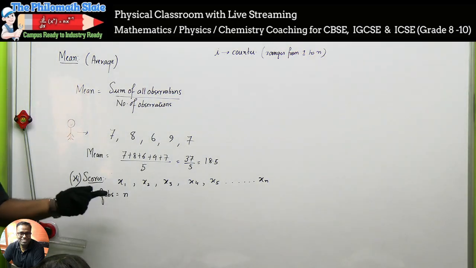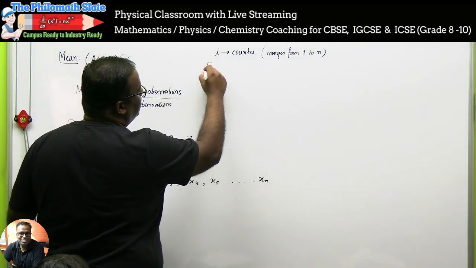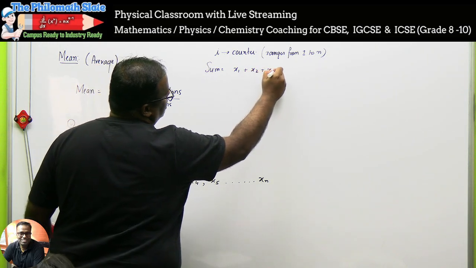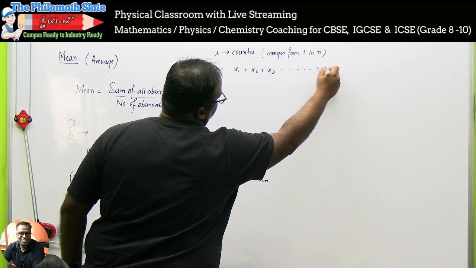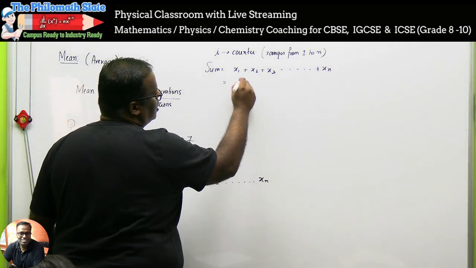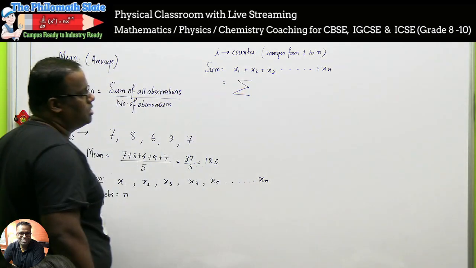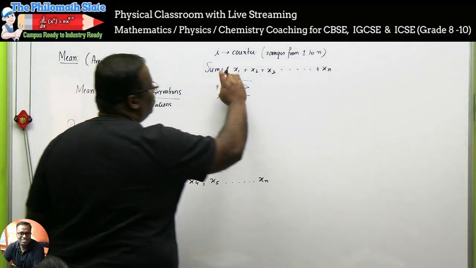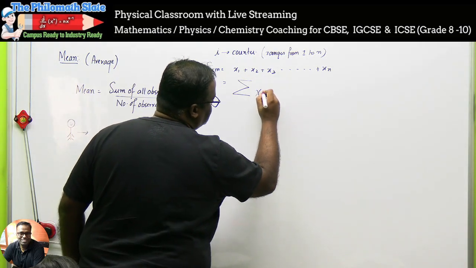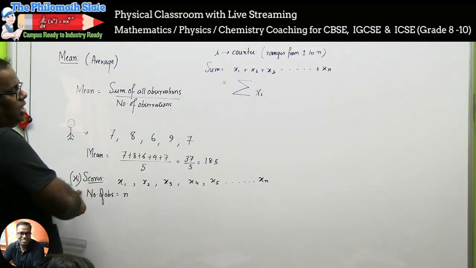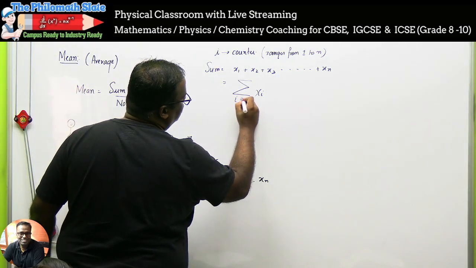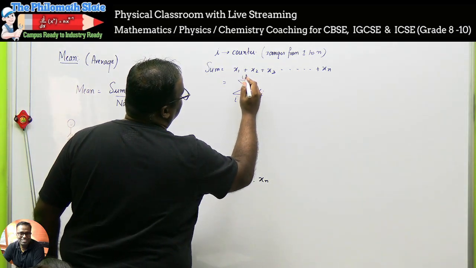And all you are interested in is to find the sum. The sum is written as x1 plus x2 plus x3 till xn. Sum is always denoted by capital sigma, and I don't need to write so many things. So I write that I am summing up all the xi's, where i is a counter which ranges from i equal to 1 to i equal to n.